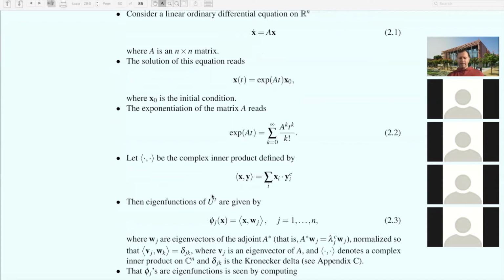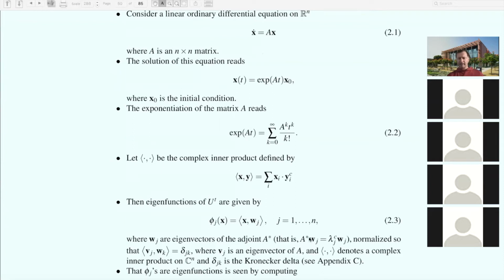Now, we claim that the eigenfunctions of the Koopman operator associated with this linear system are simple and given by the complex inner product of x with the jth eigenvector of the adjoint A star. We didn't order these eigenvectors in any particular way, just W1, W2, W3, and so on.